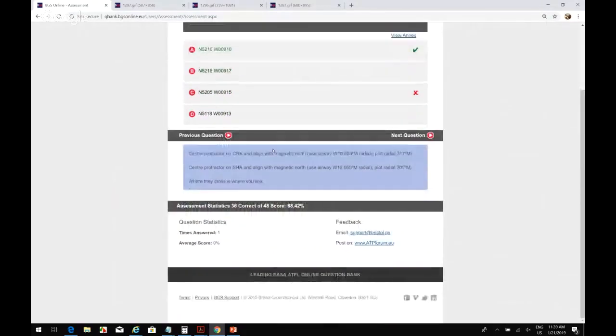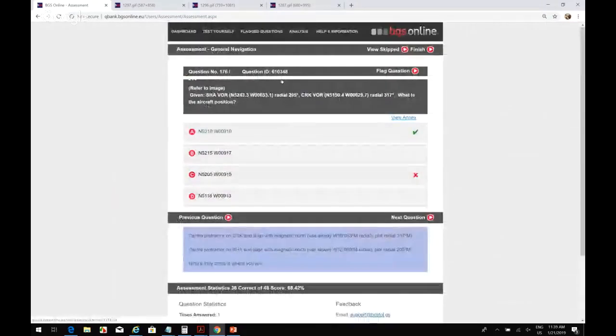Let's see what the picture looks like. Oh, they haven't given us a diagram. So Cork, line with magnetic north, use airway. West 10, 53, plot radial 317. Oh, is it radial 317 from Cork?